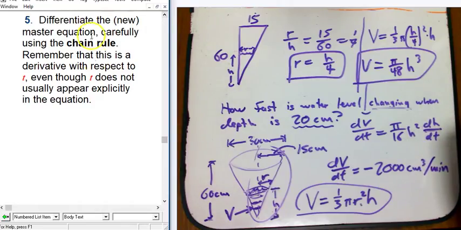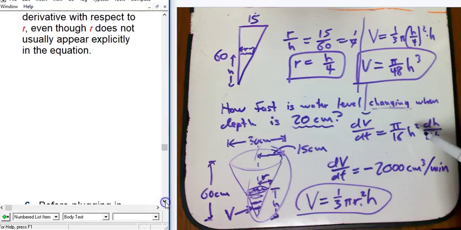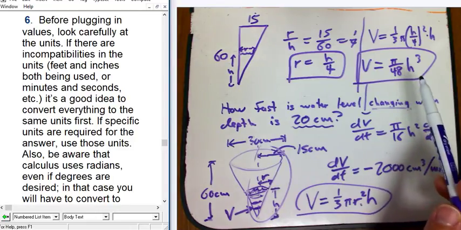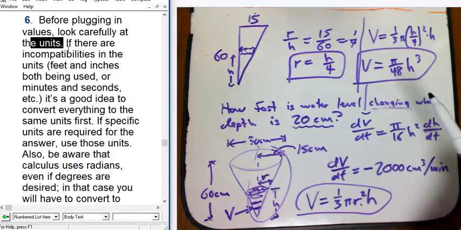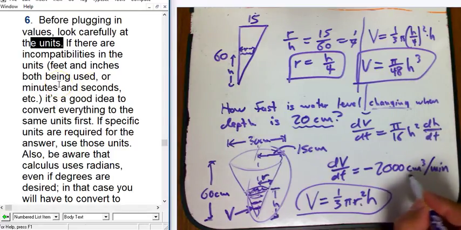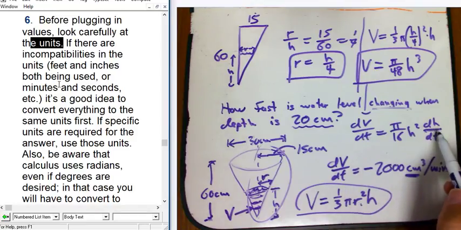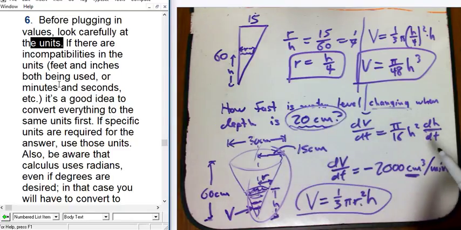Now, the chain rule, again, is absolutely crucial. The derivative of h cubed is not just 3h squared, it's 3h squared dh/dt, because we're differentiating with respect to a different variable. Now look carefully at the units, and again, the earlier the better. dV/dt we're about to plug in is in cubic centimeters per minute. h is in centimeters, so dh/dt will come out in centimeters per minute.